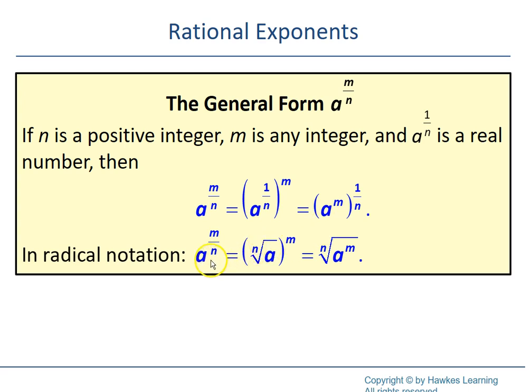Now, one of the things I should mention: in its fractional exponent form, when we convert it to its radical form, the n is our index number, and the m, which is the numerator, could be placed, and this is the preferred place for that exponent, outside of the parentheses here. And this is also equivalent, but this is the preferred position. So be sure you're writing these down in your notes.